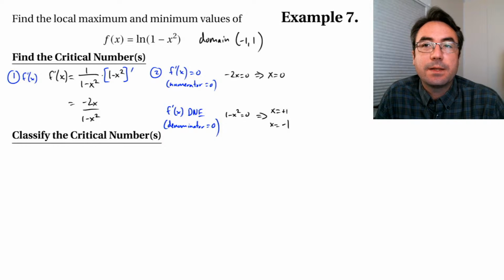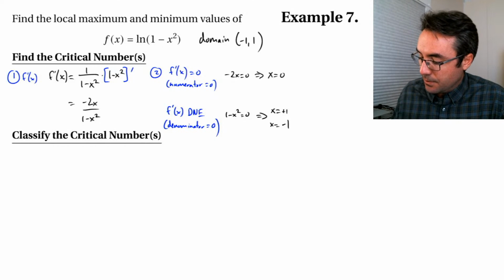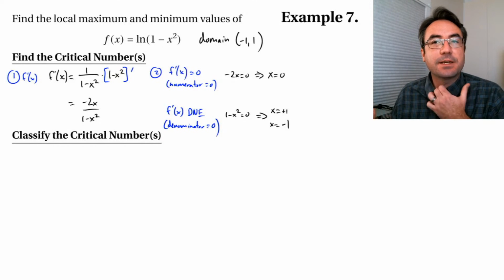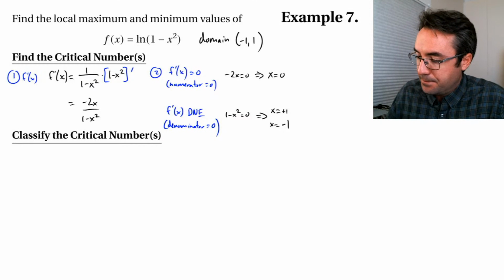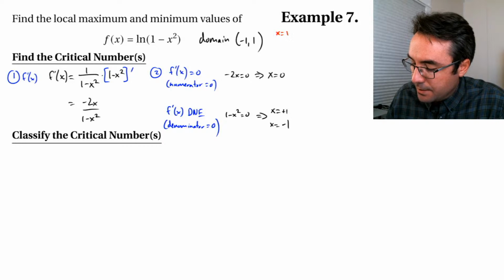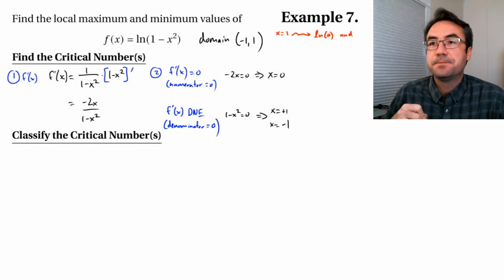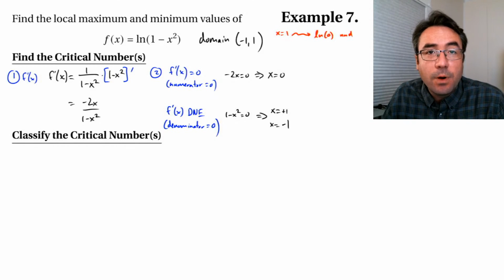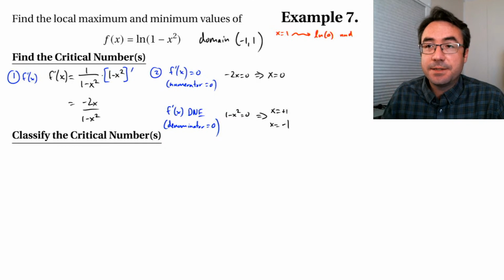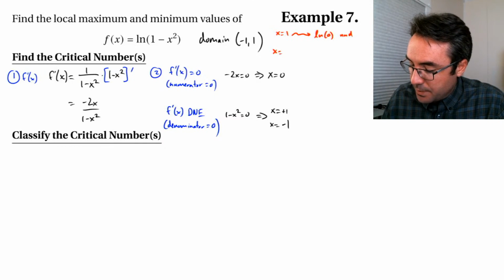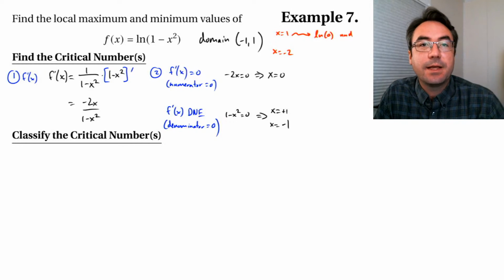And you could just quickly check this. Plug in a couple different x values to convince yourself that this is the domain. Maybe x equals 1. If you plug that into the function, you'd get natural log 0, which is undefined. Maybe try -1. You'd get natural log 0, which is undefined. Try something a little bit bigger, maybe something like -2.